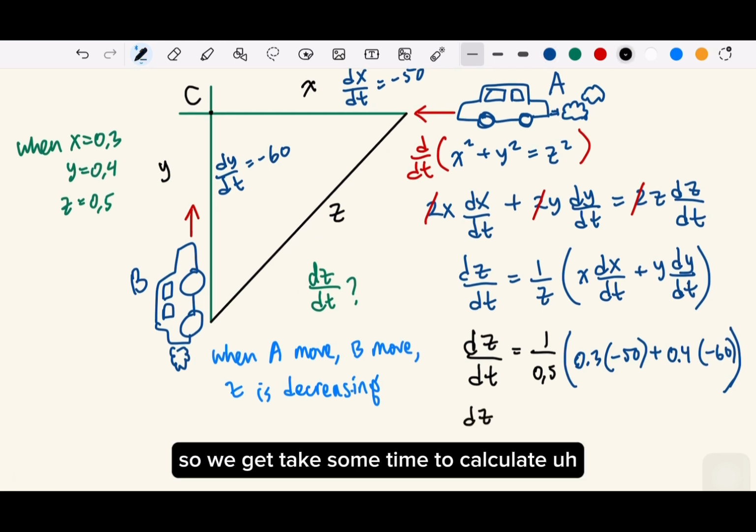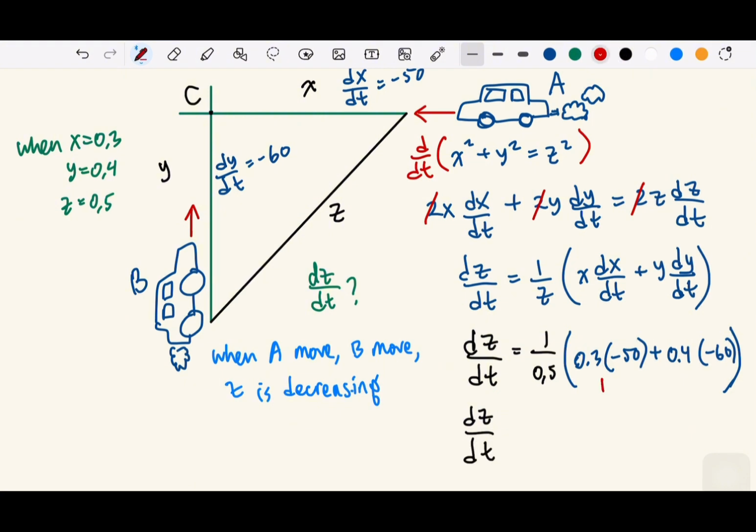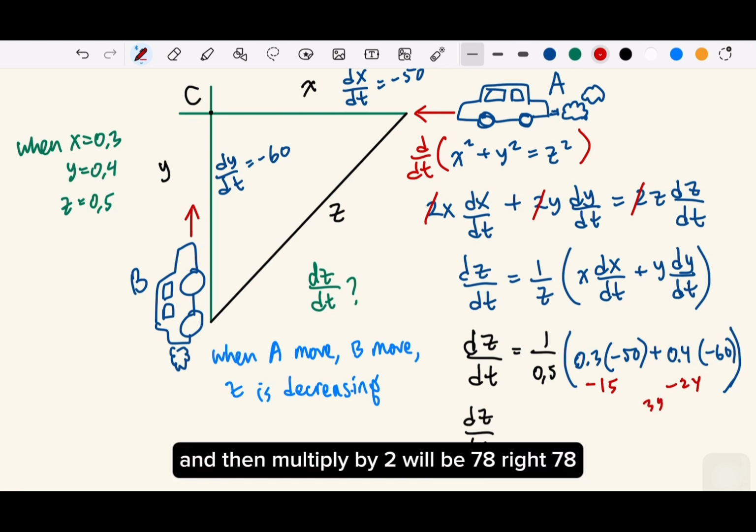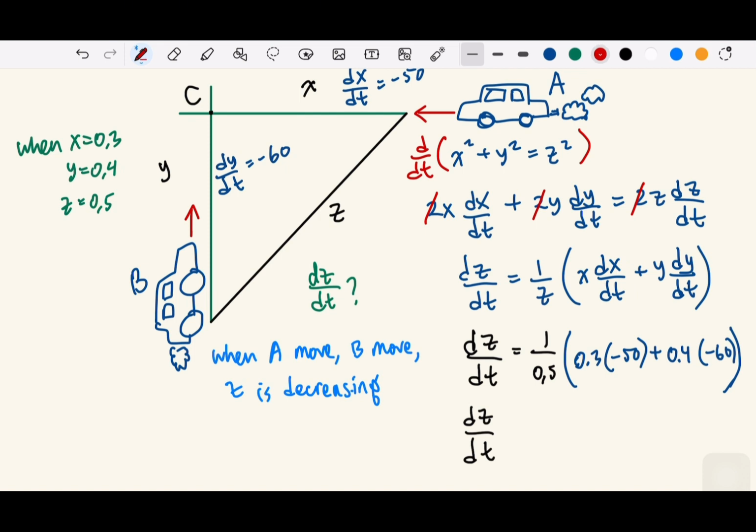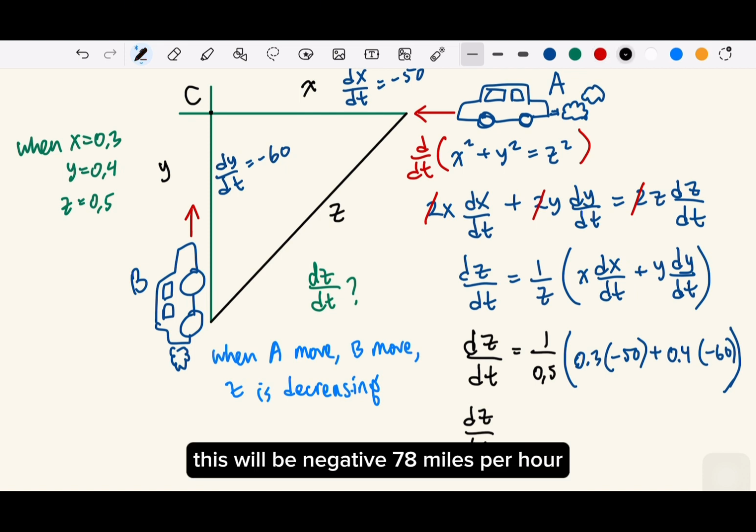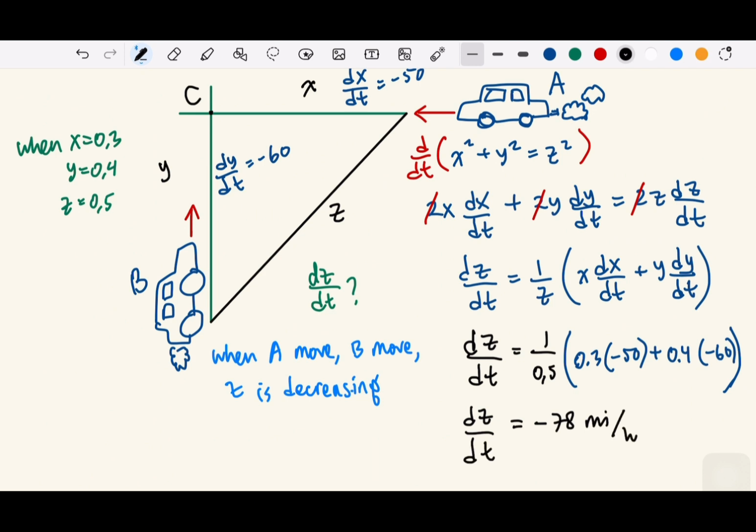So we get dz/dt. Take some time to calculate. This will be 39, and then multiplied by 2 will be 78, right? 78. This will be negative 78 miles per hour.